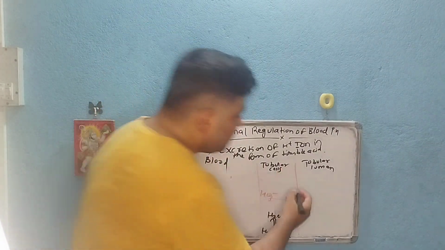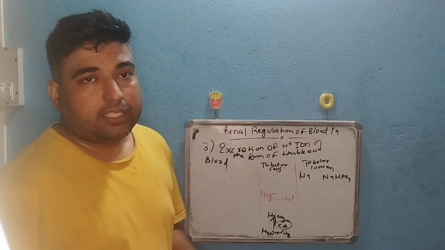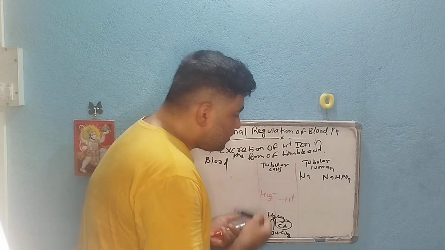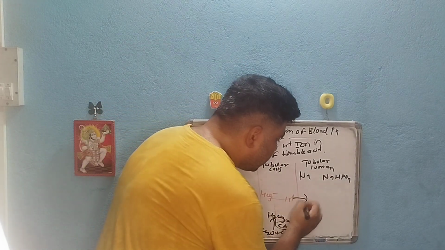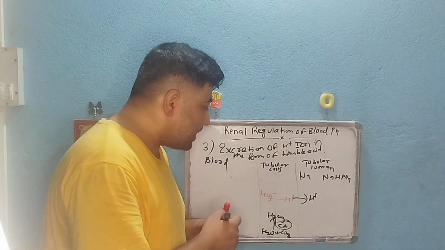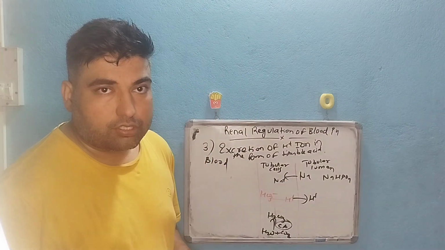In the tubular lumen there is disodium hydrogen phosphate. The H plus ions formed in the tubular cells are secreted into the tubular lumen in exchange for sodium ions.